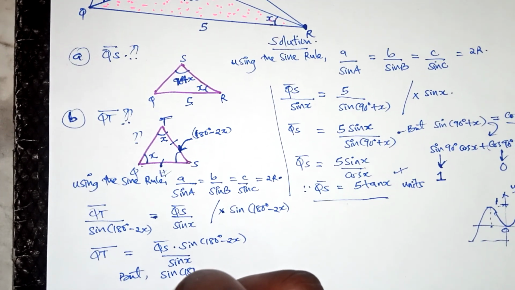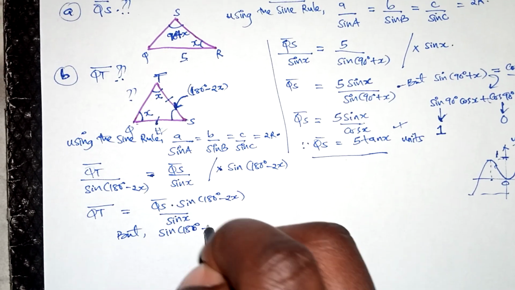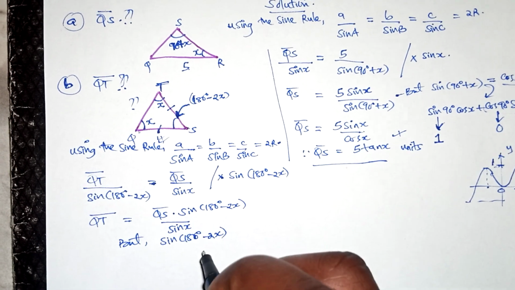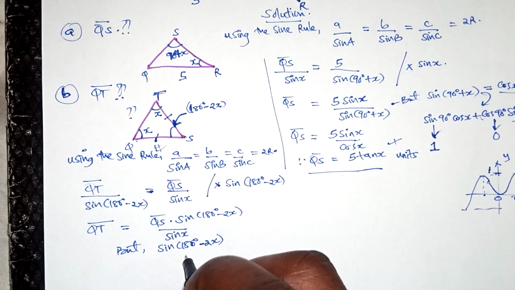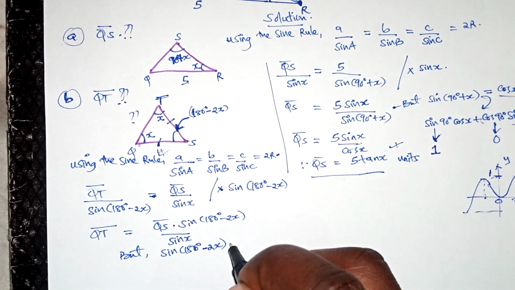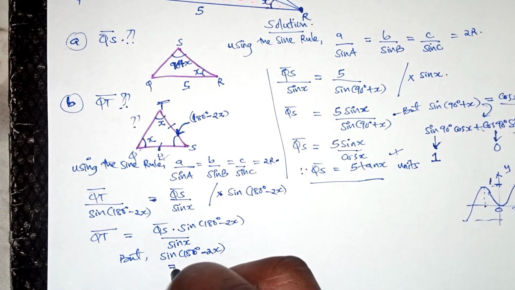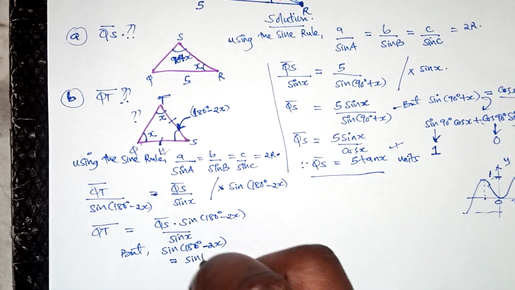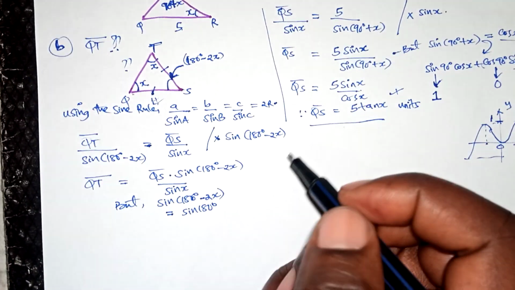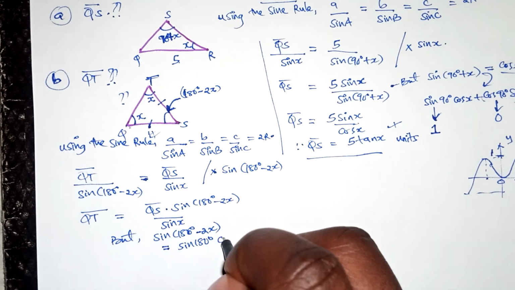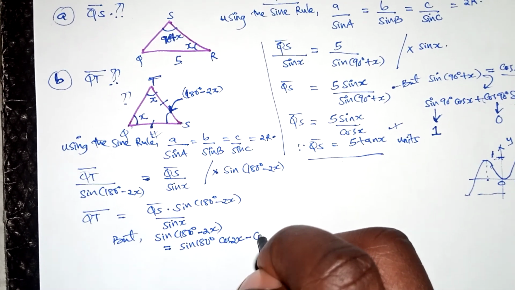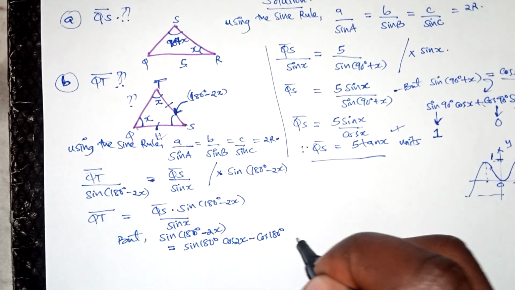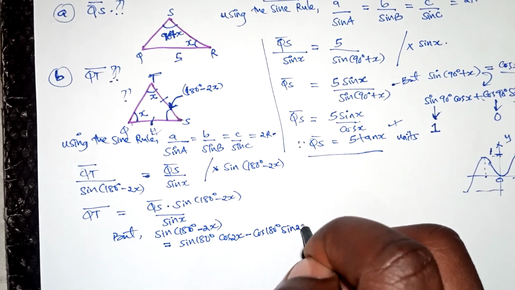sine of 180 minus 2x is the same as what? Is equal to sine 180 cos 2x minus cos 180 sine 2x.